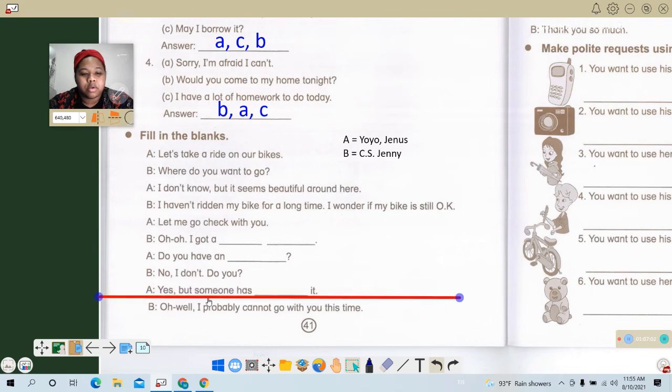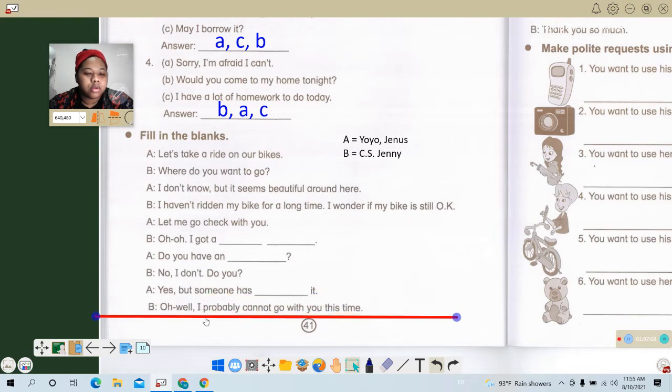Do you? Yes, but someone has... Oh well, I probably cannot go with you this time.